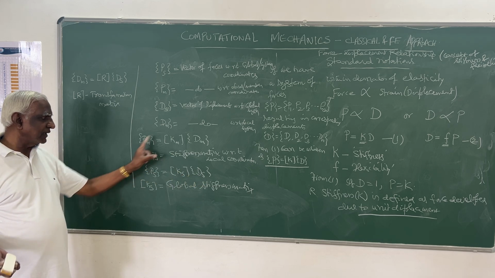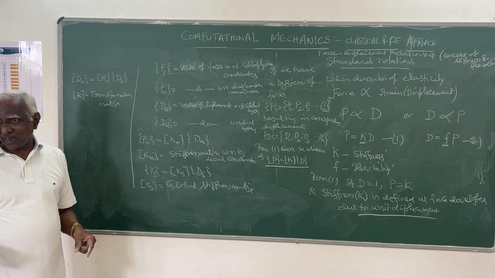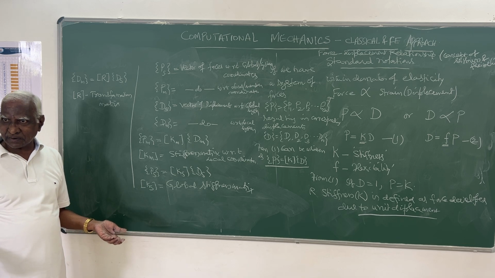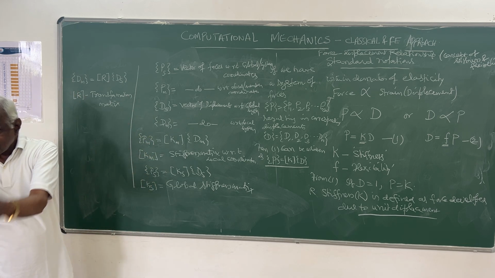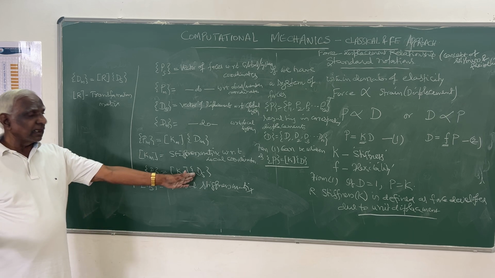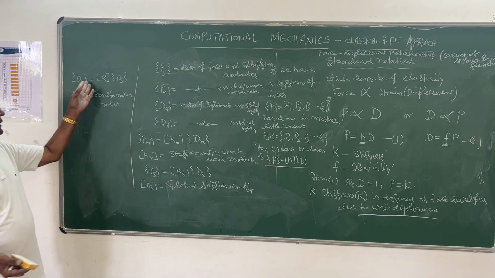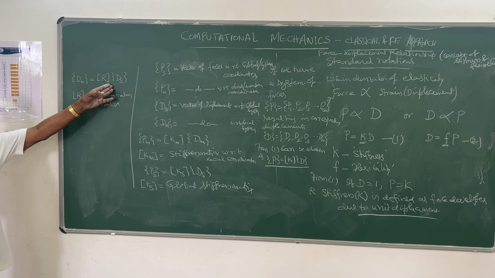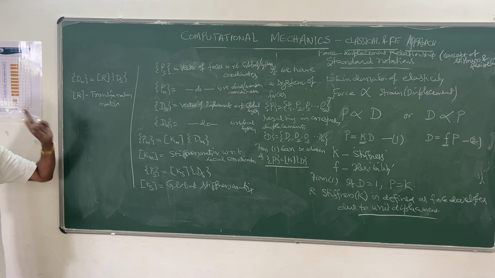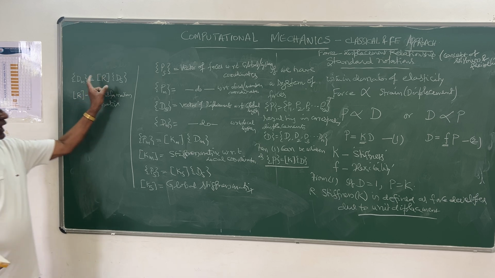DS is nothing but KS inverse times PS. You do that matrix operation, multiplying by PS, the vector of external loads acting at the nodal points, and you can evaluate DS. Then you can interpolate DS to DM, then evaluate DM, having determined the transformation matrix.